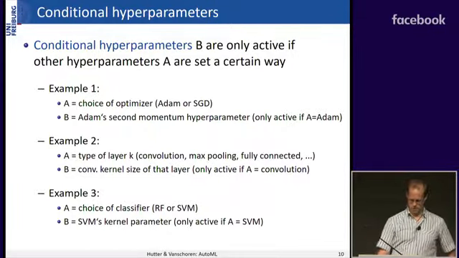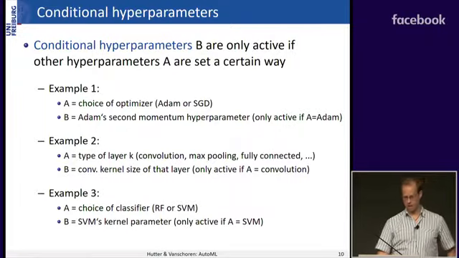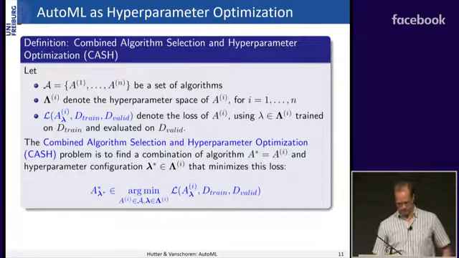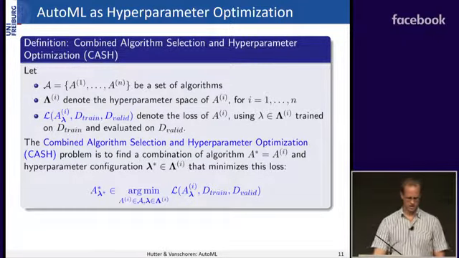So with that notion, we can actually write AutoML as a hyperparameter optimization problem as follows. There is this combined algorithm selection and hyperparameter optimization problem where you have several algorithms, A1 to AN, and each of these has a hyperparameter space.